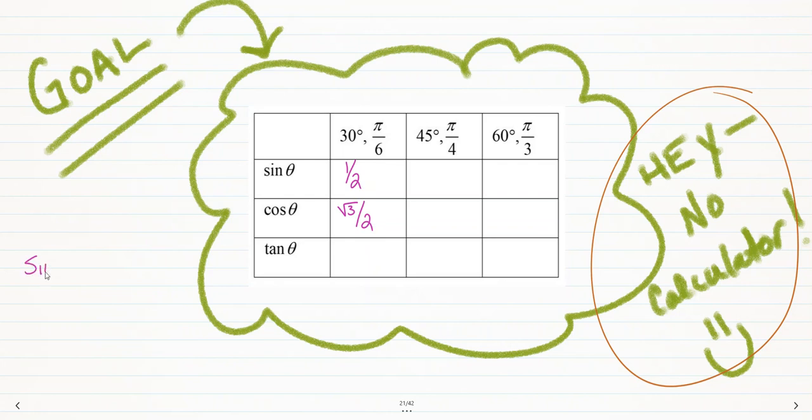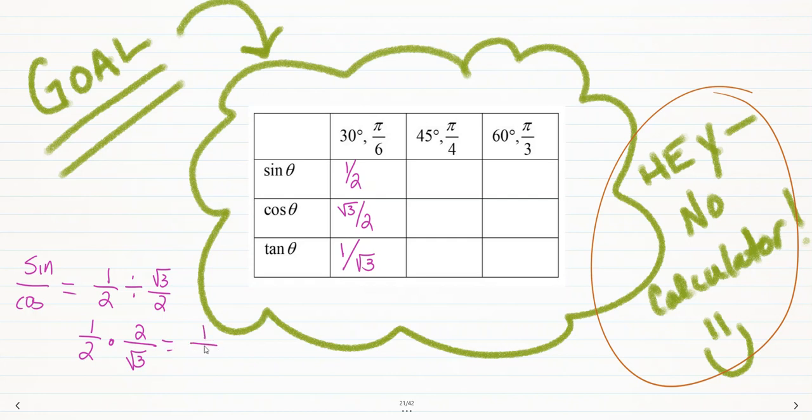Tangent is sine over cosine, or sine divided by cosine. So 1/2 divided by square root of 3 over 2 is the same as 1/2 times the reciprocal. So I get 1 over the square root of 3.